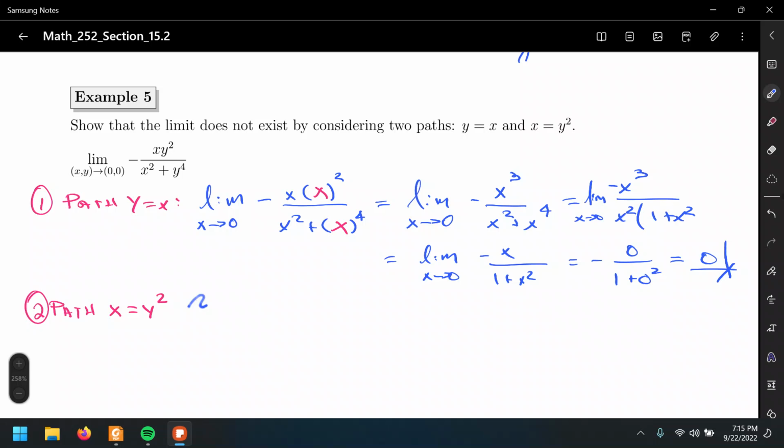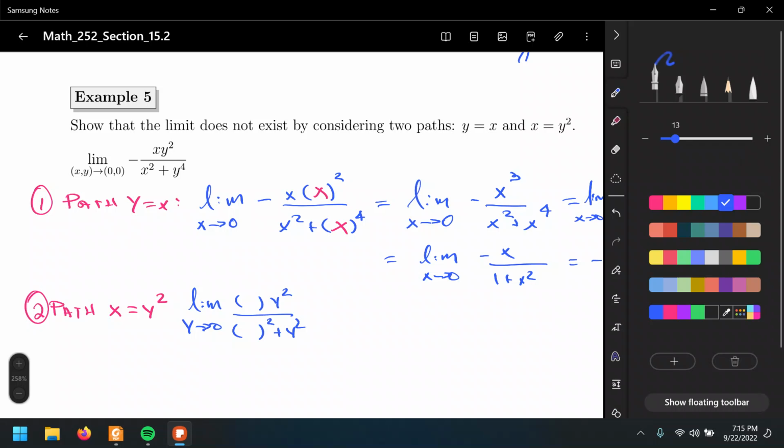So limit, and well, when we replace x with something, the limit becomes in terms of y. This time y equals 0, so that's x times y squared divided by x squared plus y squared. But notice I left parentheses open for the expression that we will replace x with. In this case, y squared and y squared.